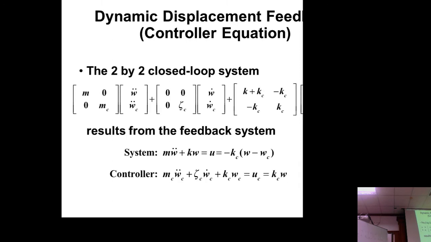Okay, let's look at this. Let me explain this one a little bit more. If you look at these equations, that's the equation we mimic for the dynamics of a virtual passive controller. And how do you do this?